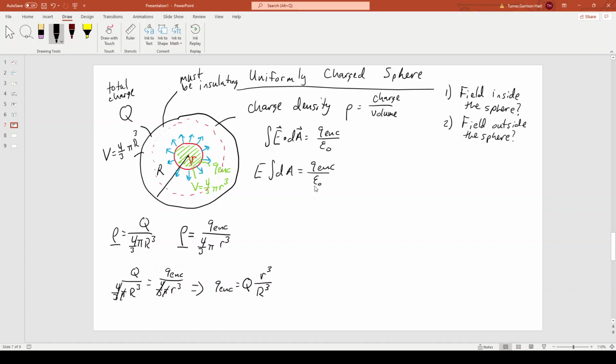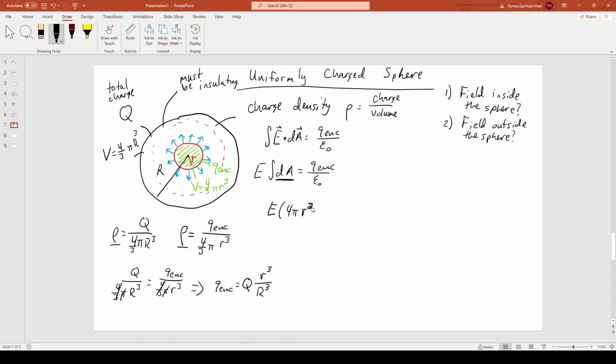So I can plug this into my equation, and remember, dA is over your Gaussian surface. So if I go ahead and say, okay, the integral of dA is just A, what is A? It is 4 pi r squared.